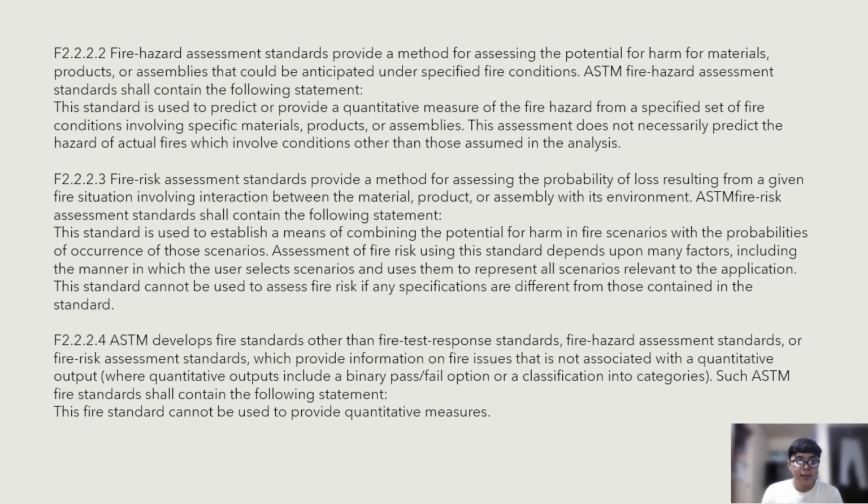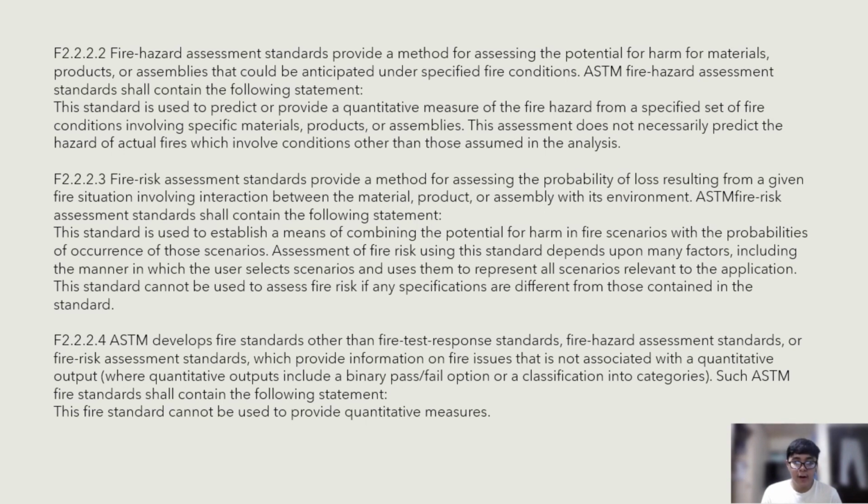Fire risk assessment standards provide a method for assessing the probability of loss resulting from a given fire situation, involving interaction between the material, product, or assembly with its environment. An ASTM fire risk assessment standard shall contain the following statement. This standard is used to combine the potential for harm in fire scenarios with probabilities of occurrence of those scenarios.